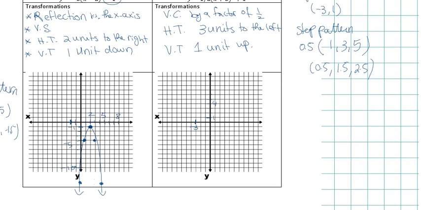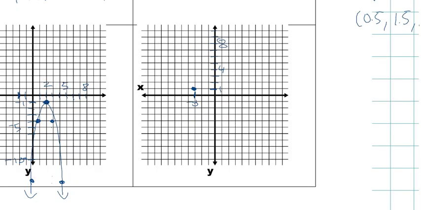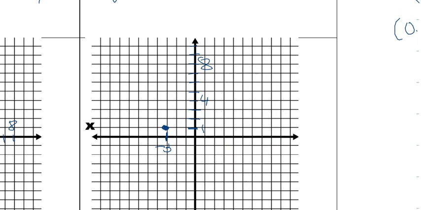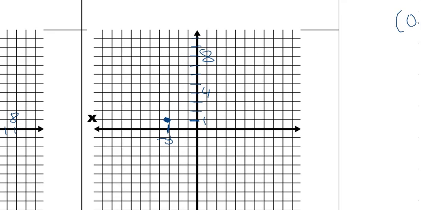So negative 3 and 1, this is where my vertex is. For my next point, how much do I need to go up by? 0.5. So I'm going to go up by 0.5. That means it's going to be just right here. So you see I want up 0.5 and 1 to the right. Same, I'm going to go up 0.5 and 1 to the left.